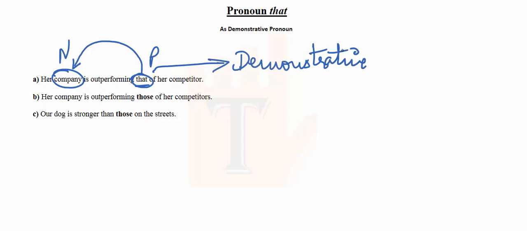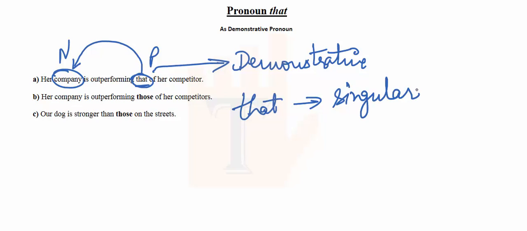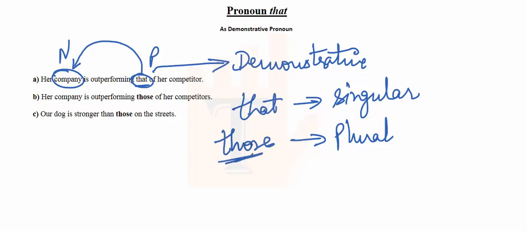Remember one thing: as a demonstrative pronoun, that is always singular. So you can use it only for singular nouns. If you want something for plural nouns, then what do you require? Then it is those. That cannot act as a pronoun for plural nouns as a demonstrative pronoun.